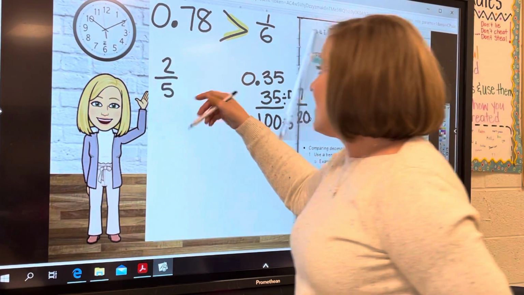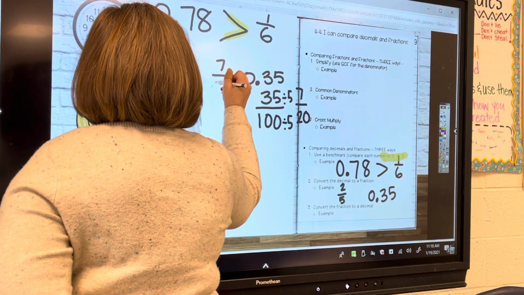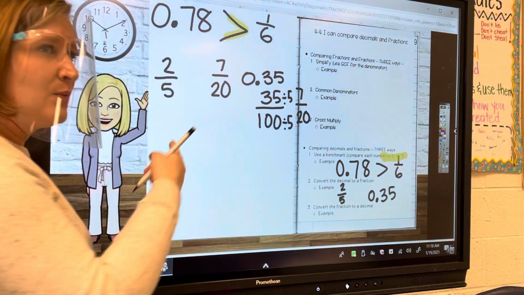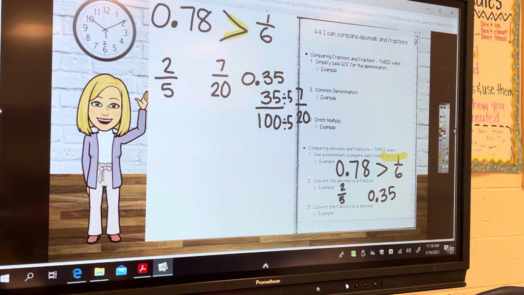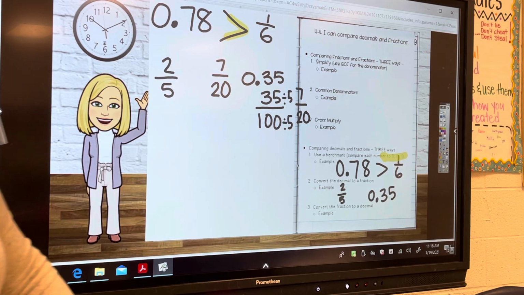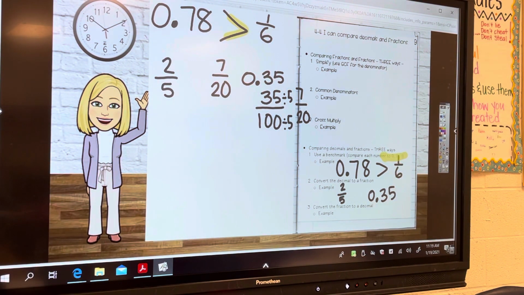So now we have 2/5 and 7/20. Can we compare those? What do we do now? We just did it. What can we do? What's mine and Alvon's favorite way?